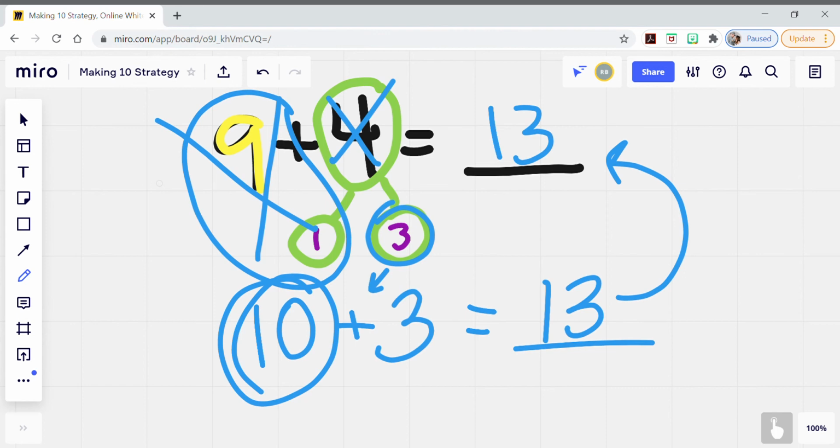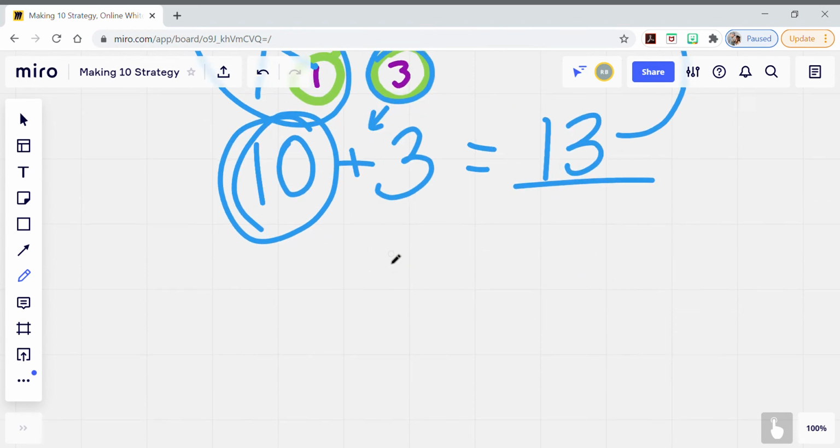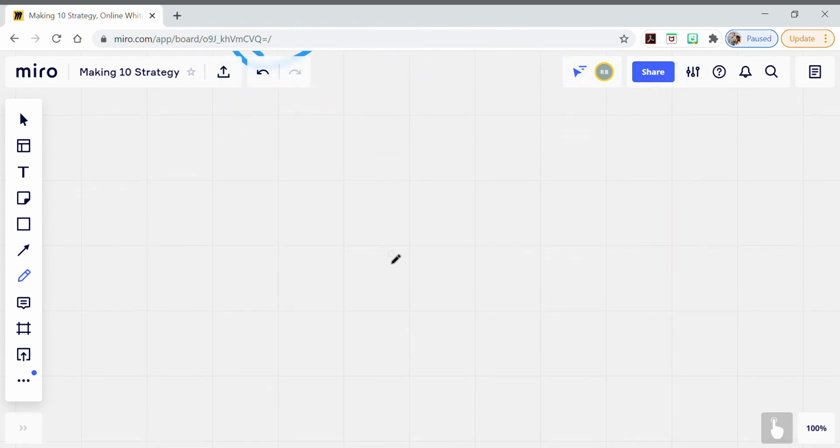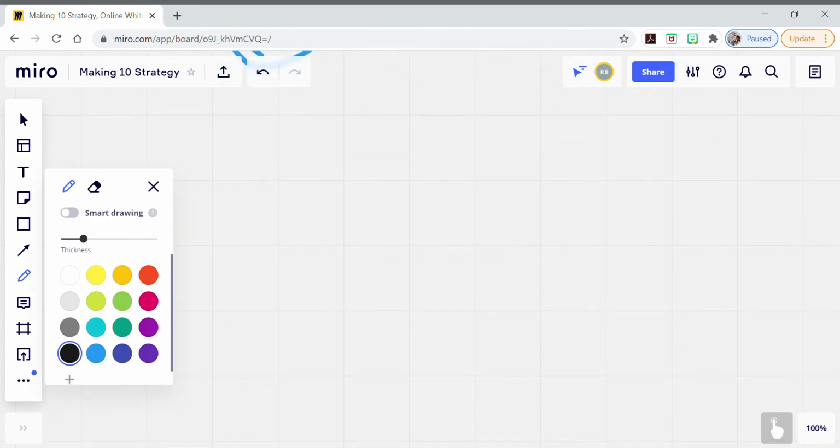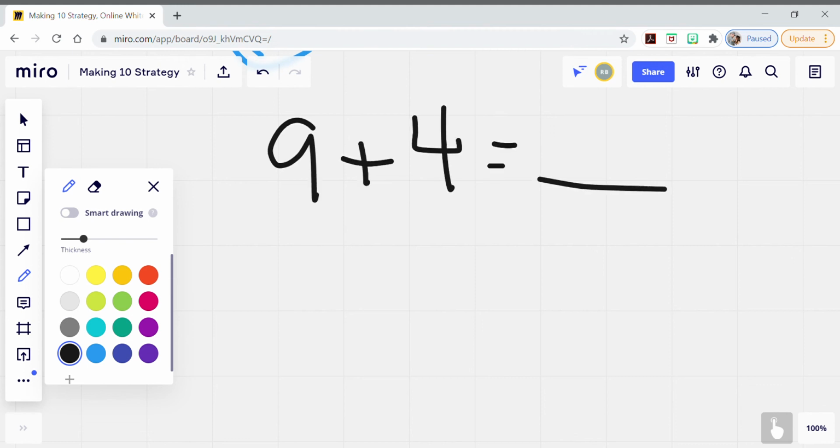Okay, so if students are just not understanding this without using visuals, then we can always use a tens frame. So if I had 9 plus 4 equals, and say I have a double tens frame, okay?